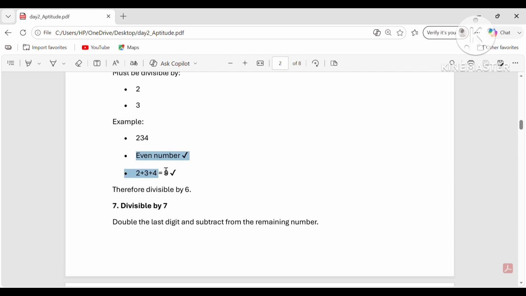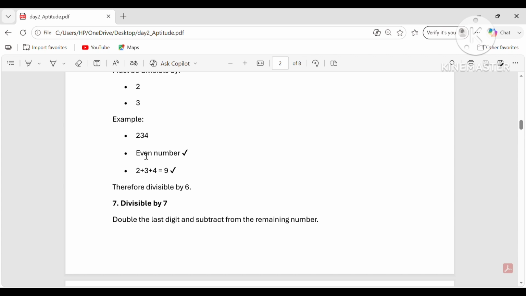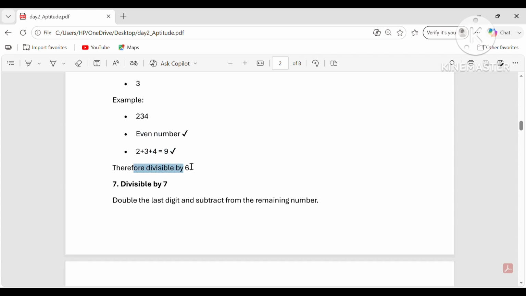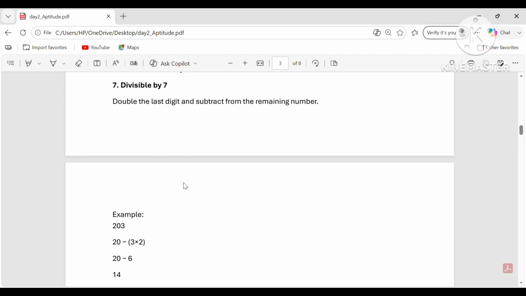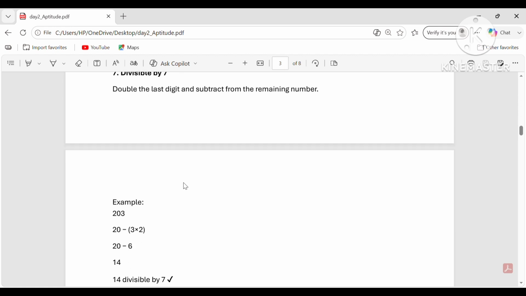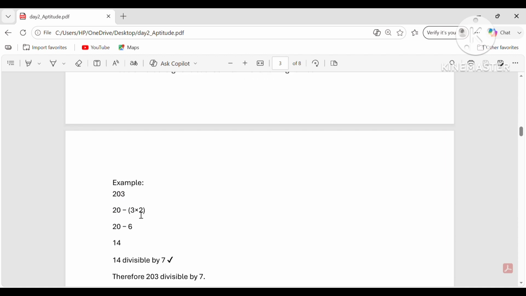For 3, as I said, we need to add each and every digit in the given number. So we need to add 2 plus 3 plus 4. So we got 9. Therefore divisible by 6. Why? Because this given number is divisible by 2 and also 3. That is why it is also divisible by 6.